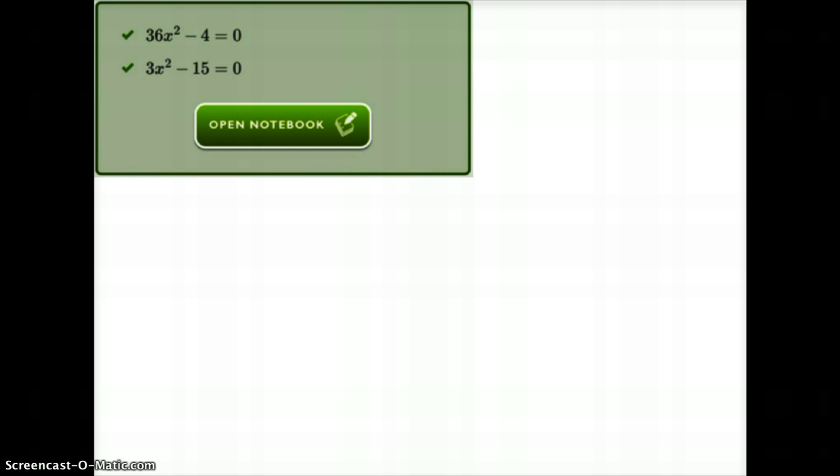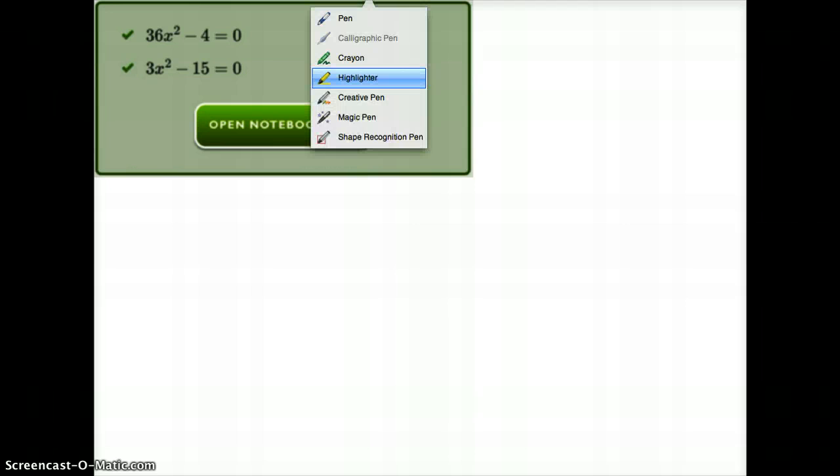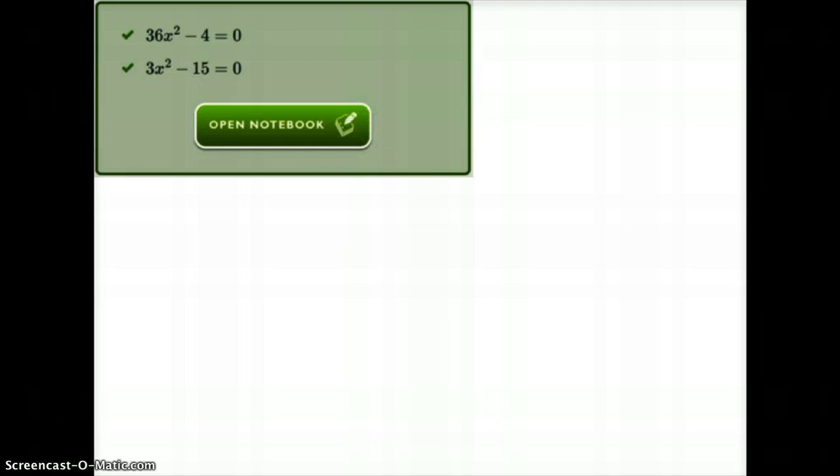So, let's see. 36x squared, I don't have my tablet, sorry guys, minus 4 equals 0.